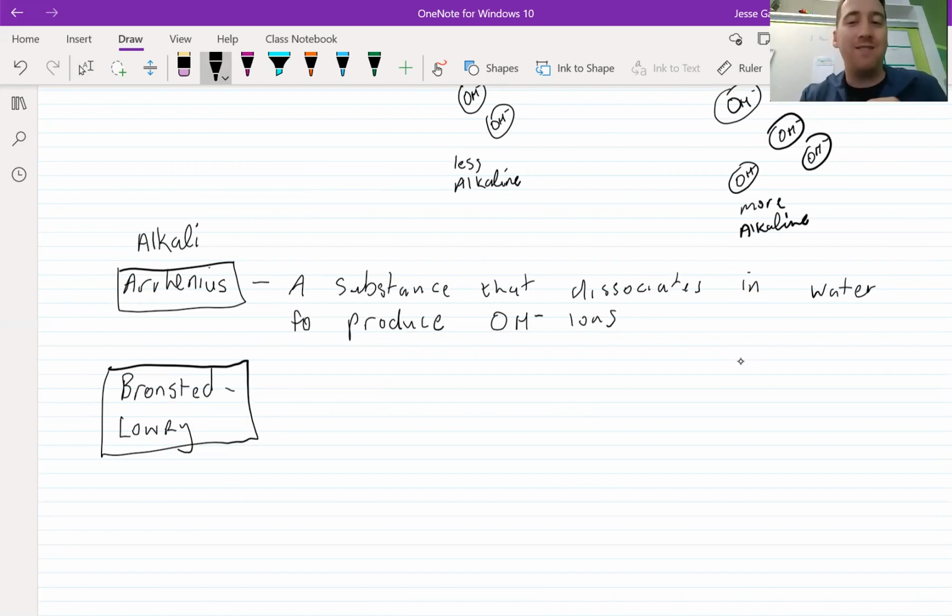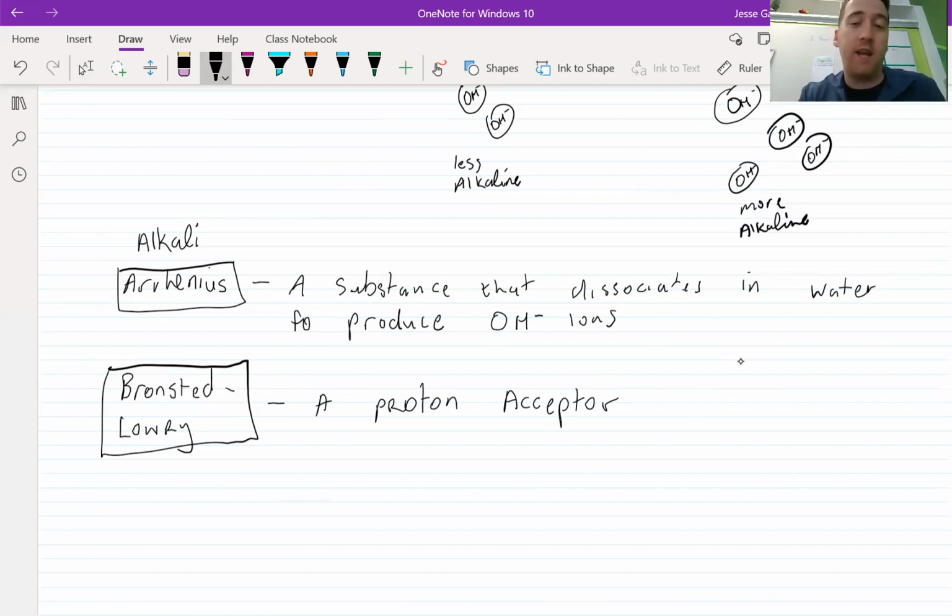So what is a better definition then? Well, a better definition is that an alkali is a proton acceptor. So it's a substance that can take in a proton. It can suck up protons, take them in. They can attach to the base, or to the alkali.